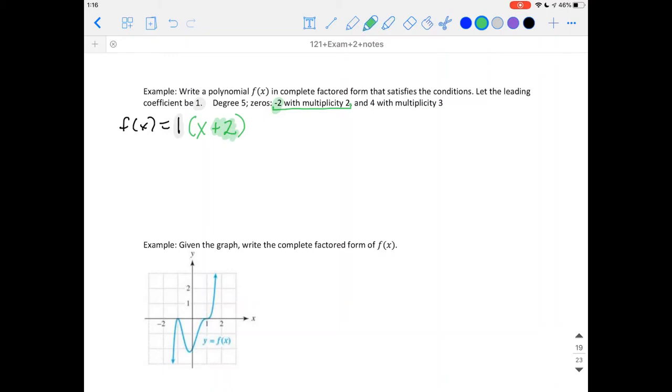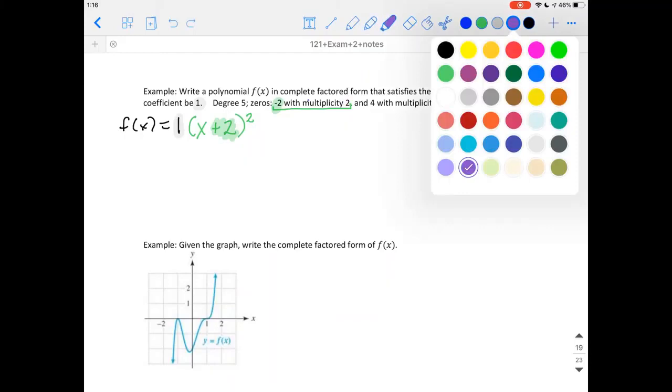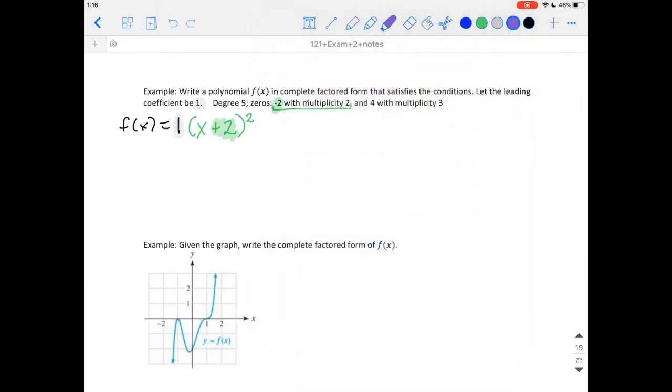And a multiplicity of 2, this 2 right here, this 2 is going to be that 2 right there.